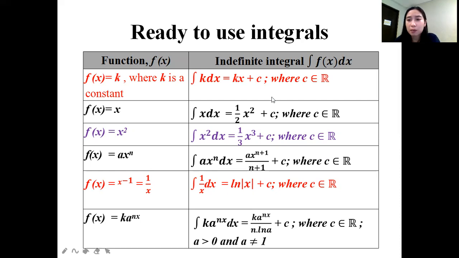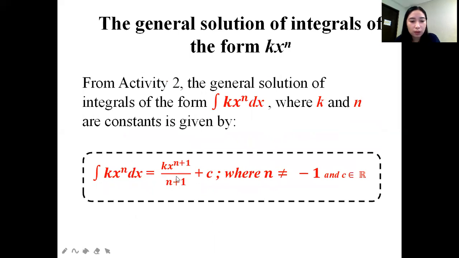Nganong kx plus c man, ma'am? So balikon nato ni, so di ba mahimo man ni kay kini siya 0 man ni siya, 0. So x to the 0 bali. So dinhi mahimo na siya x to the 0 plus 1 all over 0 plus 1. So mahimo og kx to the 1 over 1.